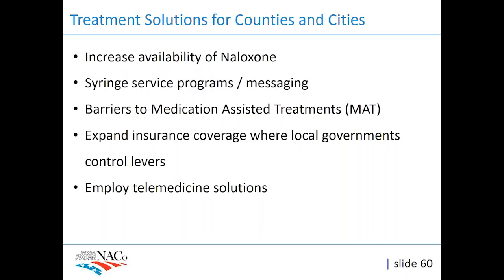In other places, it's jail staff. In other places, it's families of individuals. Baltimore is a model example of this work of making sure that naloxone, which in its own small way can help to prevent overdoses and fatalities, is in as many hands as possible, and in hands that are aware of how that drug should be administered.